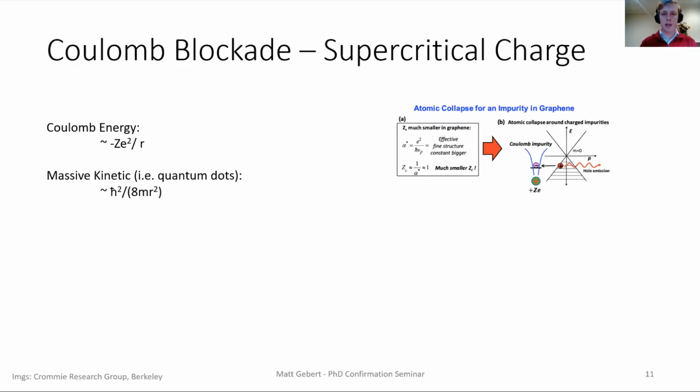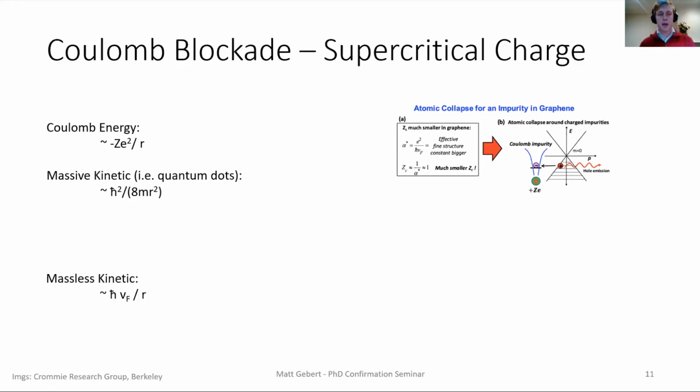Normally in a massive fermion case, you'd have a kinetic energy associated with the electrons in the system, and that goes as 1 over R squared. When you put these two things together, there's a minimum energy that results, and you can extract what radius that would be, and that turns out to be the Bohr radius at which you'd expect to observe the electrons.